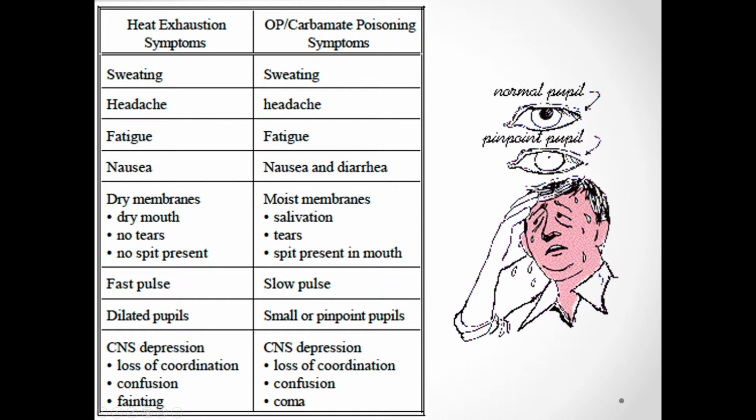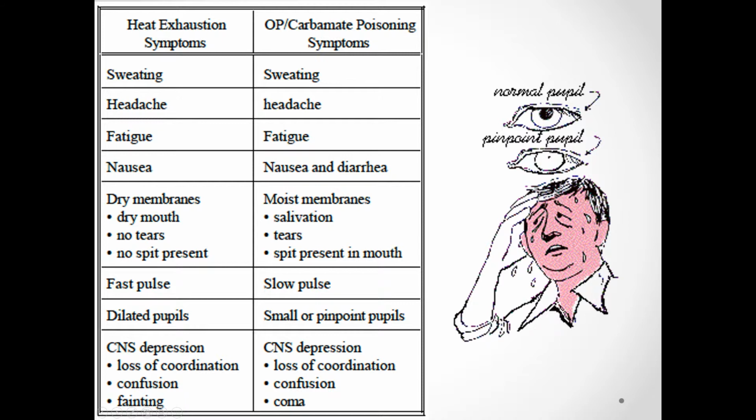However, a big distinguishing factor is whether there are moist membranes. Salivating, tears, and spit are related to poisoning through pesticides. Dry mouth, no tears, and no spit would be more related to heat exhaustion.